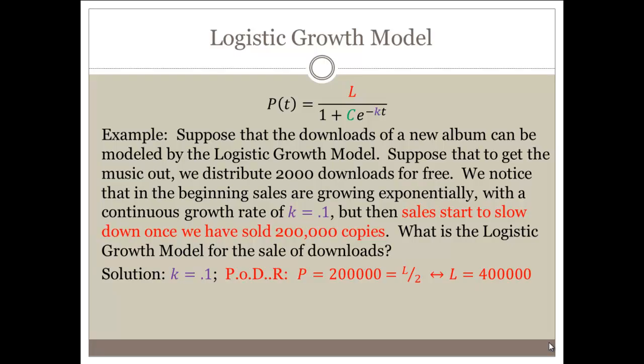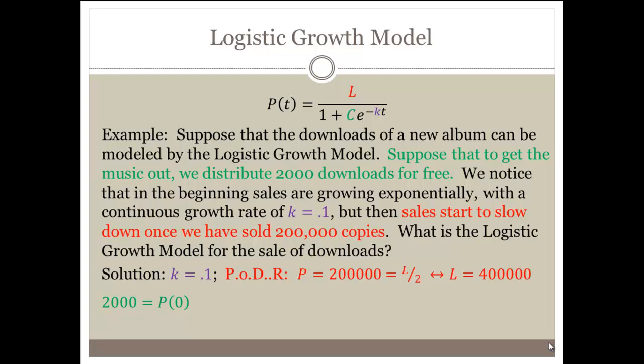Finally, to find C, we will use the fact that we distributed 2,000 downloads for free, which means that when we first started selling the music at t of 0, we have that P at 0 is 2,000.